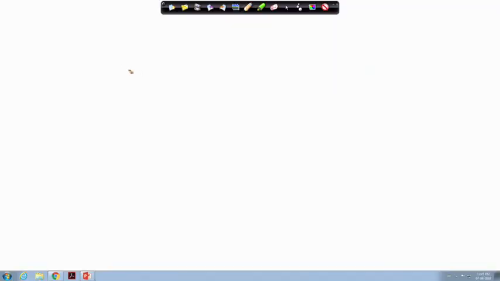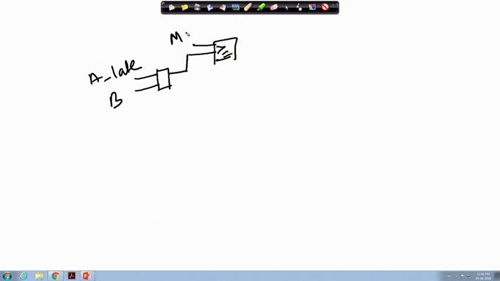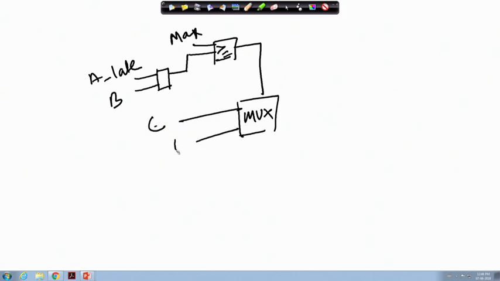Suppose for this particular case, I draw the circuit again: this is A_late and this is B, then that has to be checked with max, and there is a mux, and depending on C and D, the output will be selected.